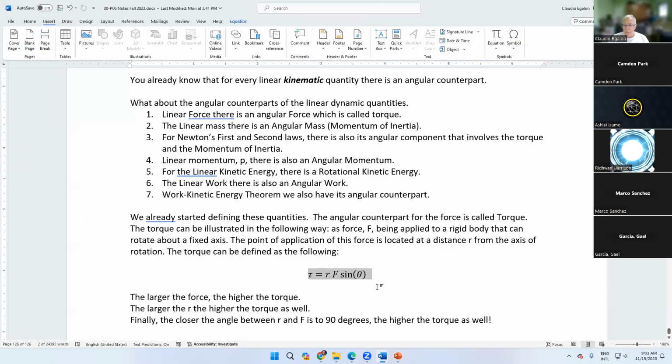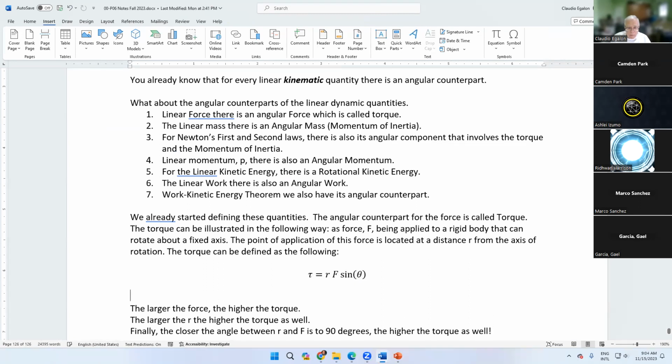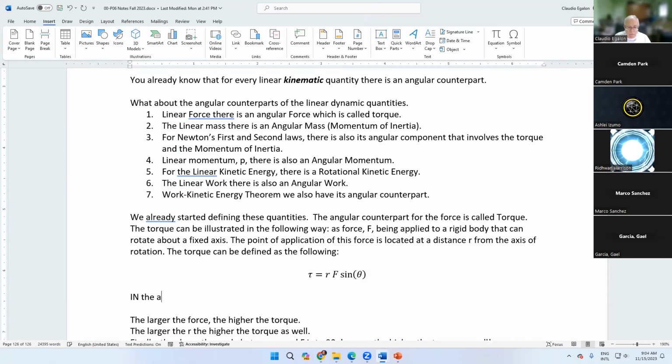Going back here. Theta is going to be the angle between R and F. In the above formula, F is the force, the vector force applied to the rigid body.